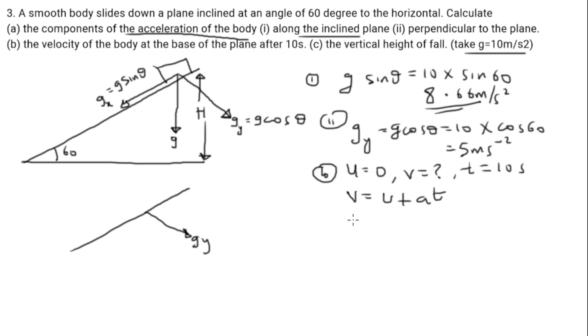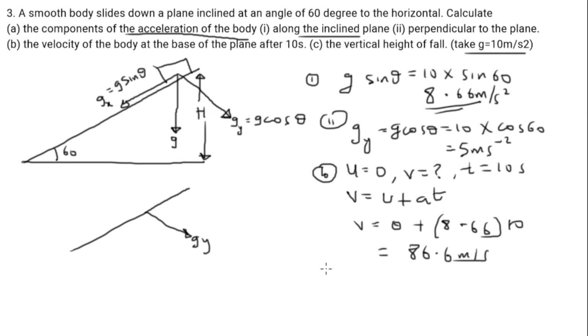So u is 0, and the acceleration along the inclined plane is 8.66. If we multiply that by 10 seconds, which is the time, that will be 86.6 meters per second.